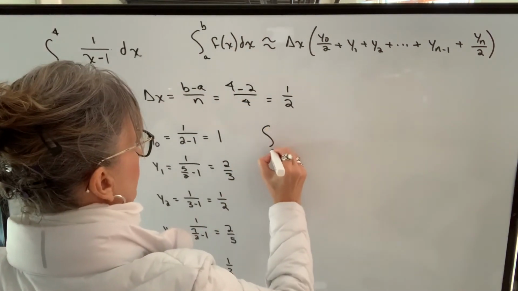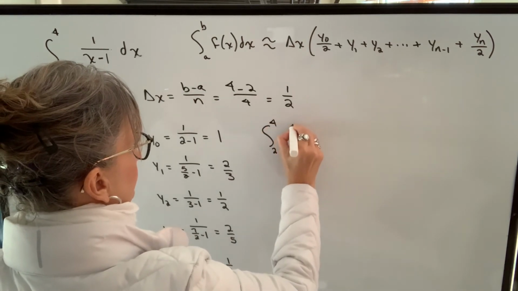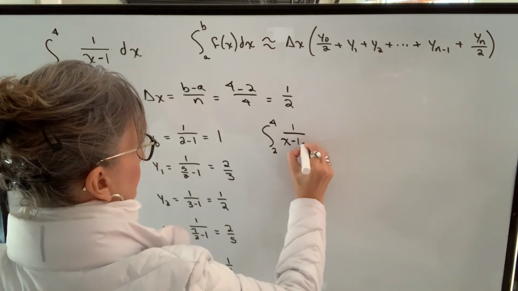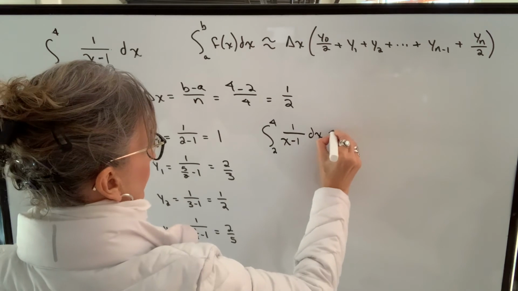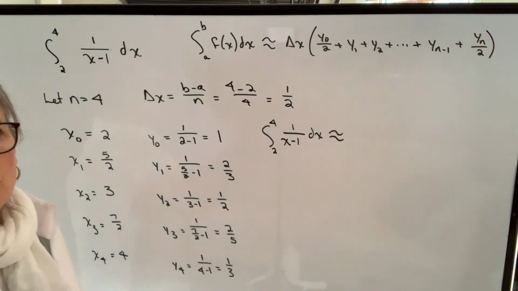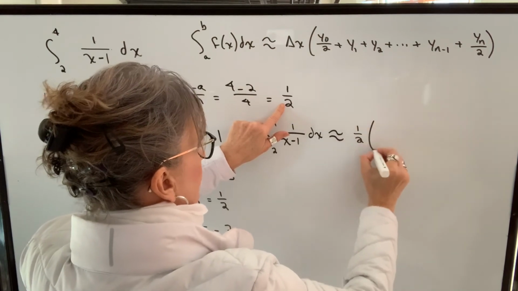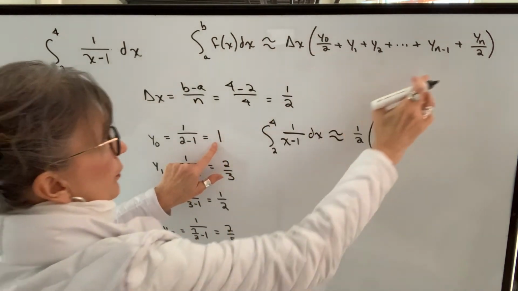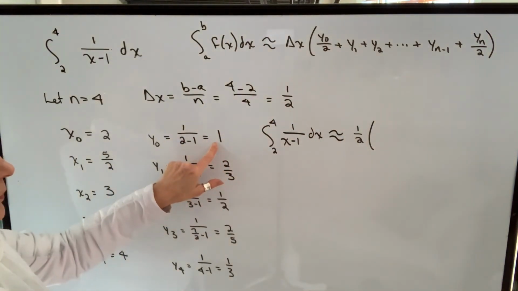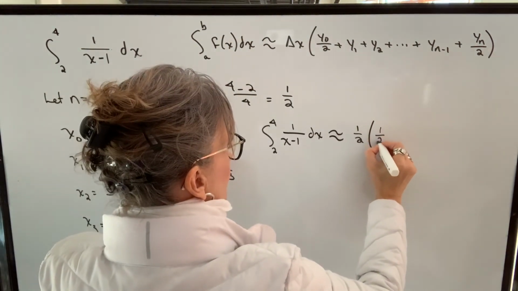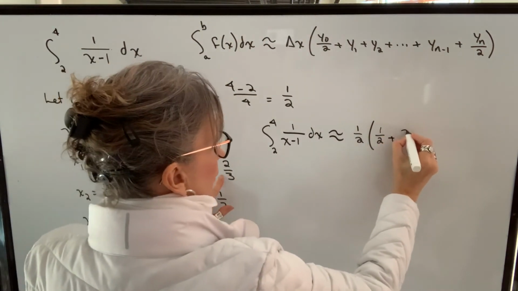So the integral should approximately be equal to delta x, which is 1/2, times my first y value and my last y value get divided by 2. So 1 over 2, and all the other values are as is.